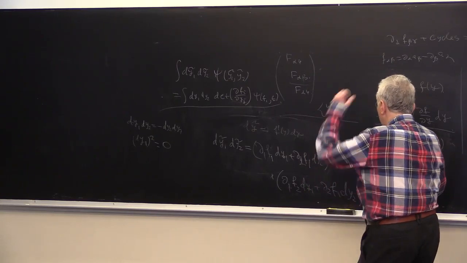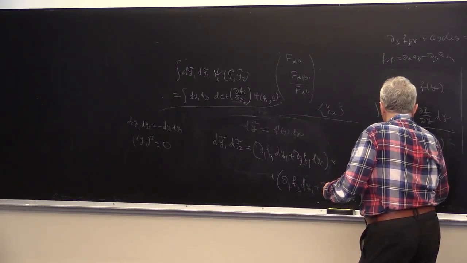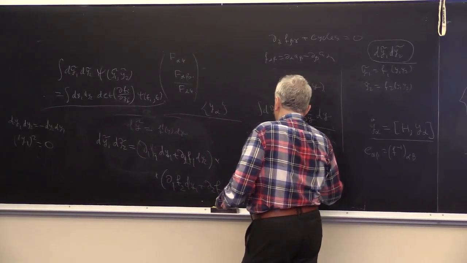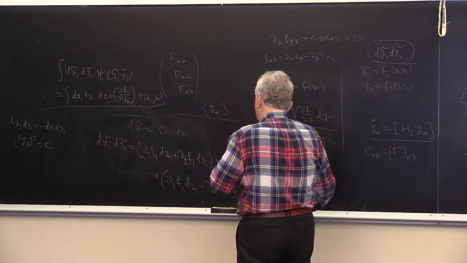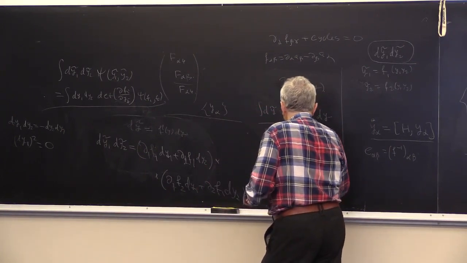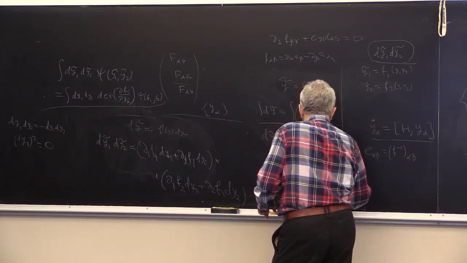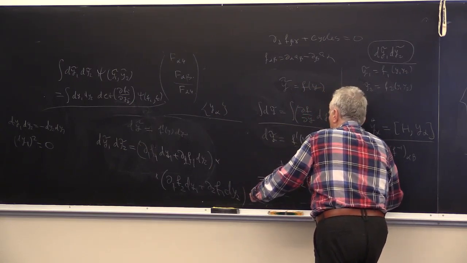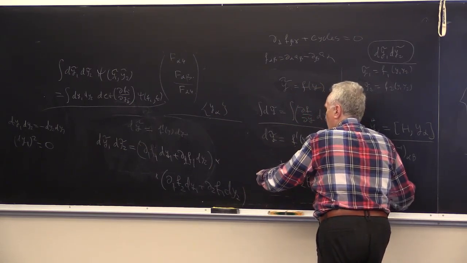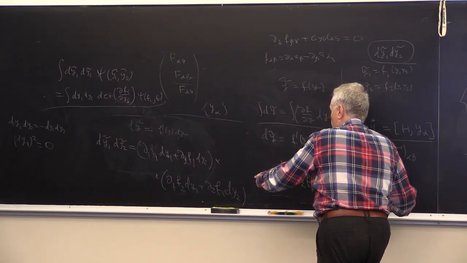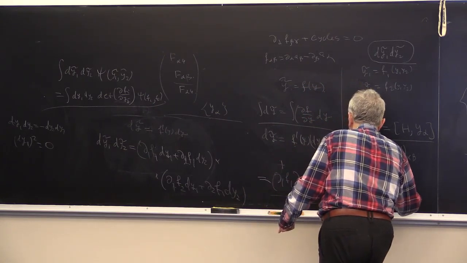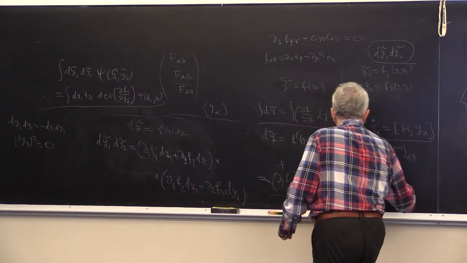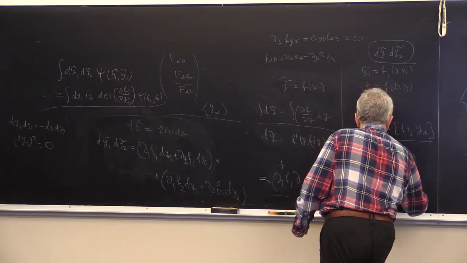It is equal to d1 f1 d2 f2 dy1 dy2 plus d2 f1 d1 f2 dy2 dy1.